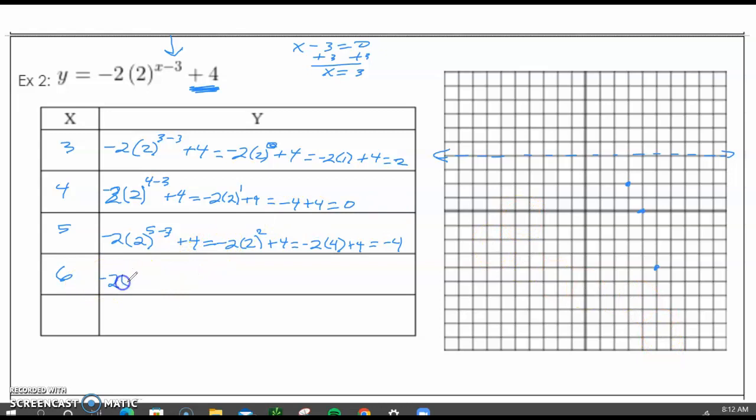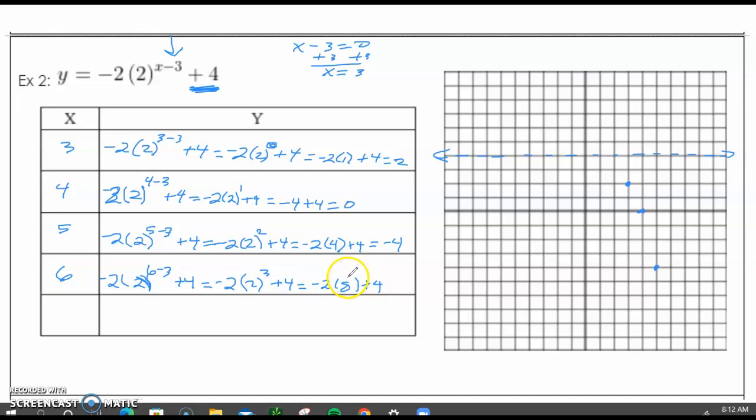6, negative 2 times 2 to the 6 minus 3. Let's see. Negative 2 times 2 cubed plus 4. Negative 2 times 8 is going to be negative 16.